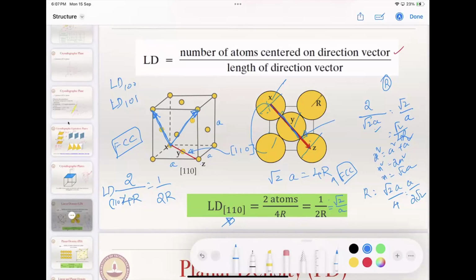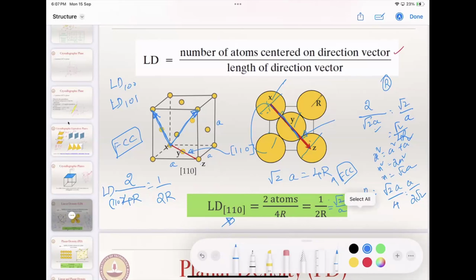If it is the body diagonal, are there any atoms in the center? No, it is empty. It's not BCC, it is FCC. So the linear density on the 110 direction in FCC is 1 by 2r, but that will not be the same in BCC.